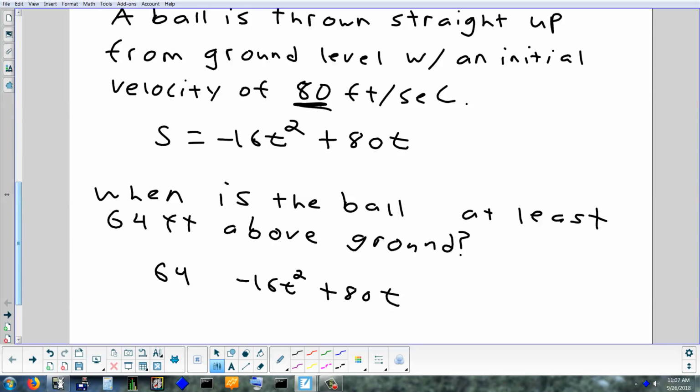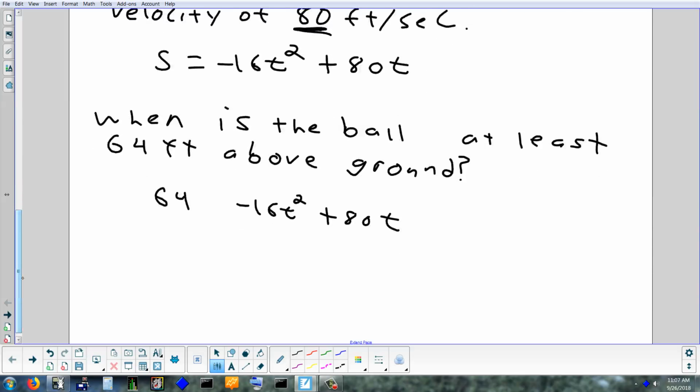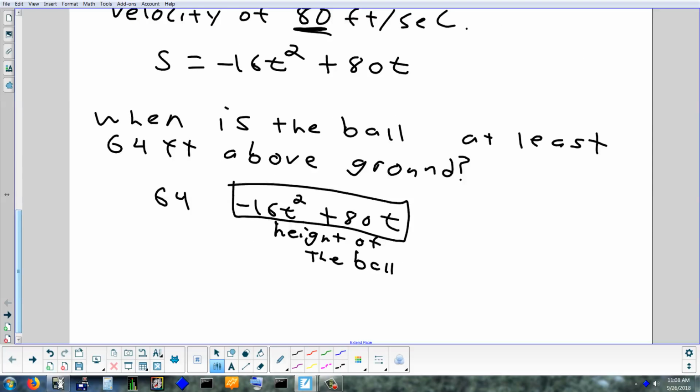Now, the question is not when is the ball exactly 64 feet above the ground. When is the ball at least 64 feet above the ground? So, greater than or equal to. If you think of it this way, this formula right here is the height of the ball, and you want that to be at least 64 feet.